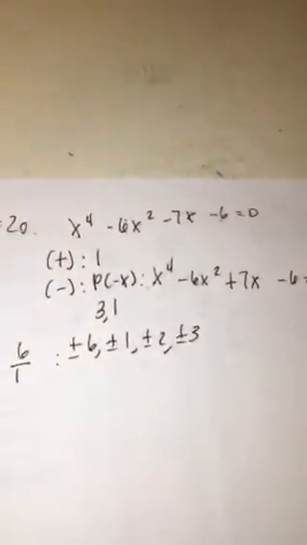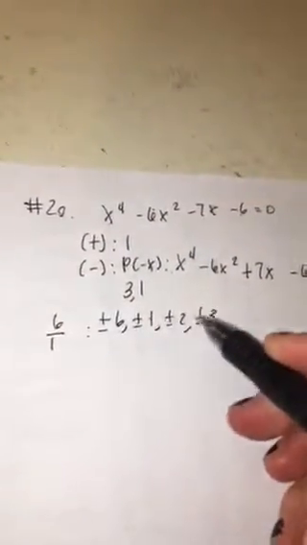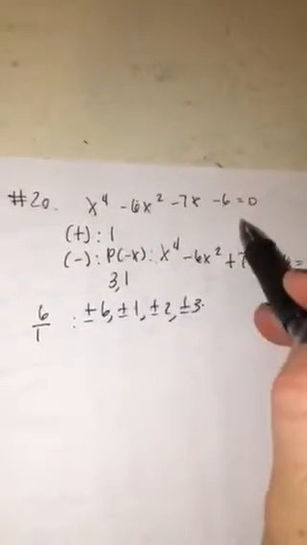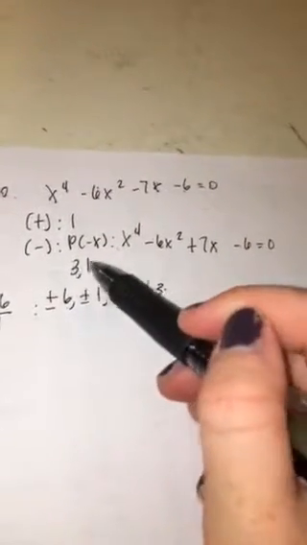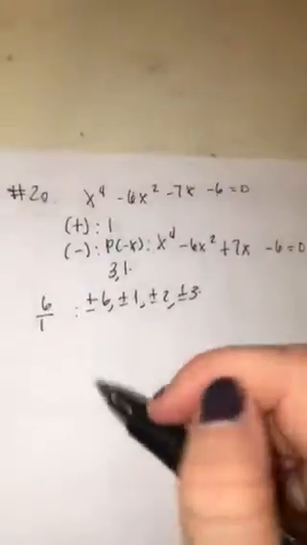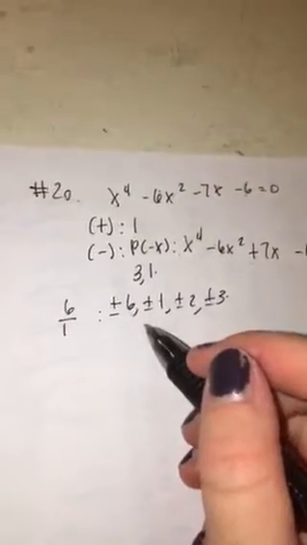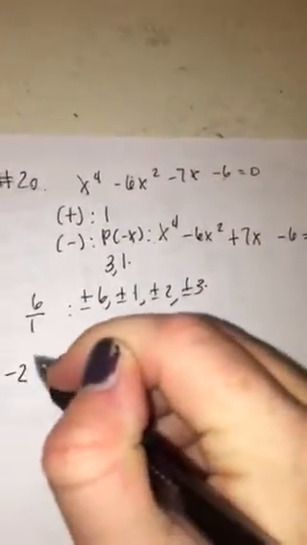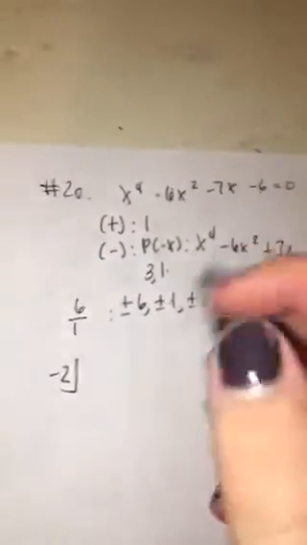So then you just have to plug in the possible roots for this equation. And you know you have one positive, and you know you either have 3 or 1 negative roots for this equation. So we're just going to go ahead and start with -2 to speed up the process, because I tried -1 the first time and it didn't work.